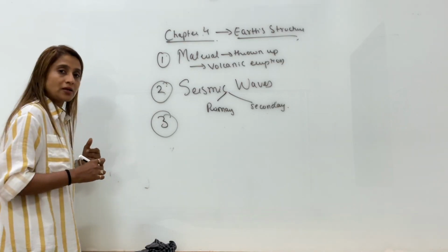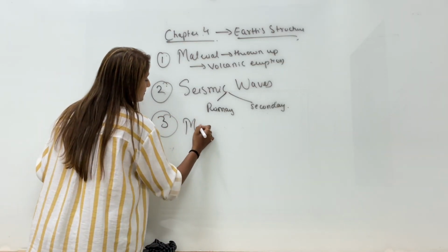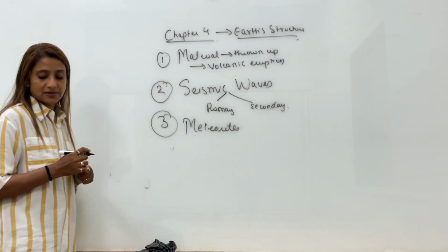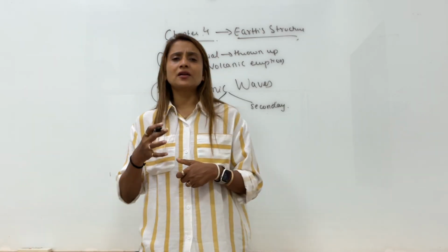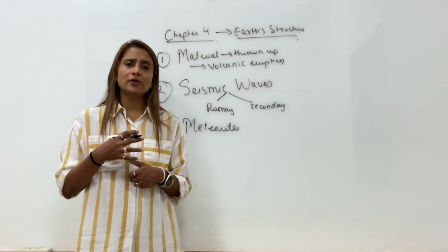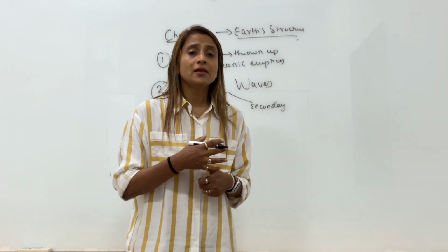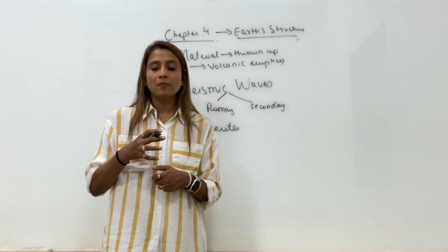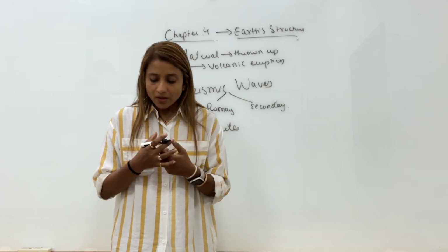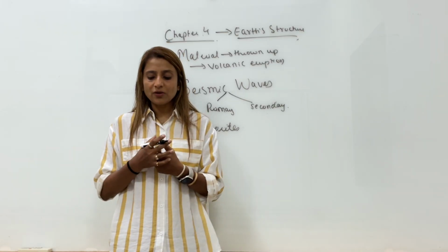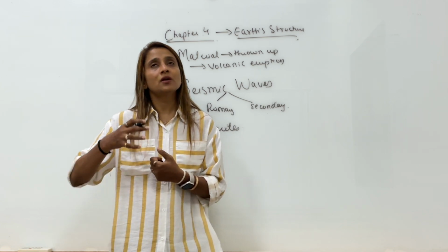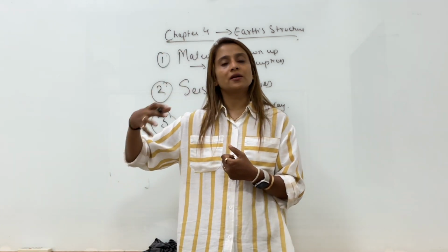Third, our knowledge about Earth's interior is based on the study of meteorites. Scientists have done research on meteorites, and they concluded that the chemical composition of meteorites is the same as the rocks which are found in the Earth's interior.